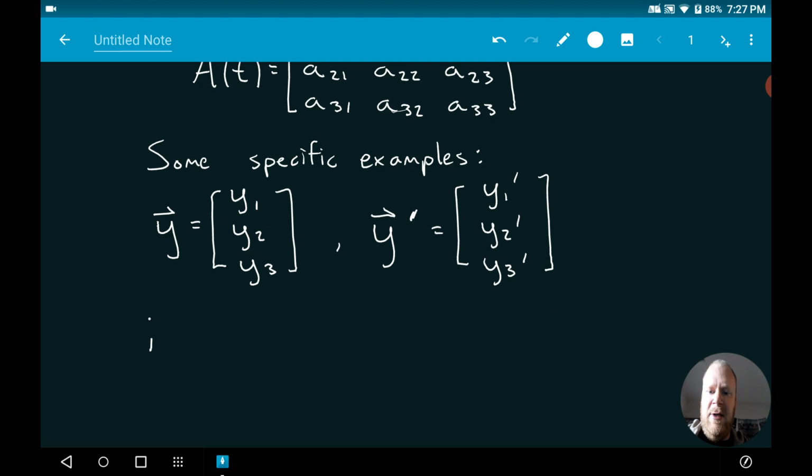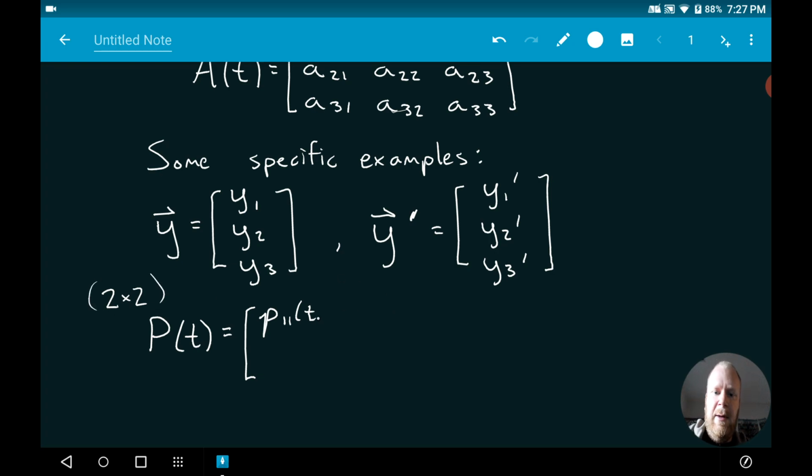Another thing that you'll see in this course is the matrix P of t. And that's going to consist of, in the 2 by 2 case, 4 functions of t.